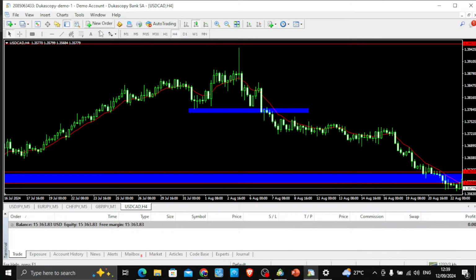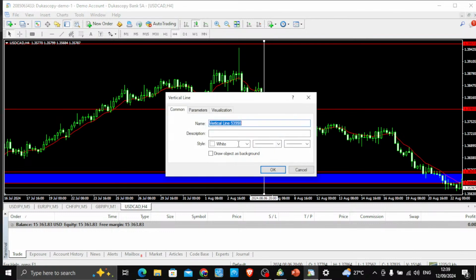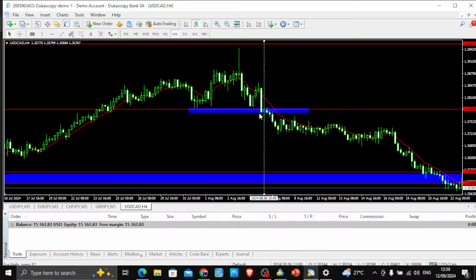This is our lowest point here. We took it out with a huge bearish candle. Then there was another candle here. That candle is weak, because you can't compare this candle with this.